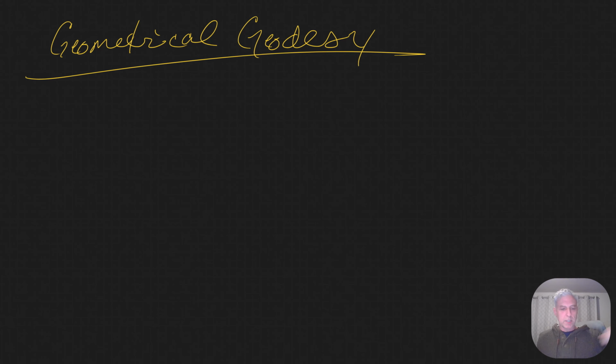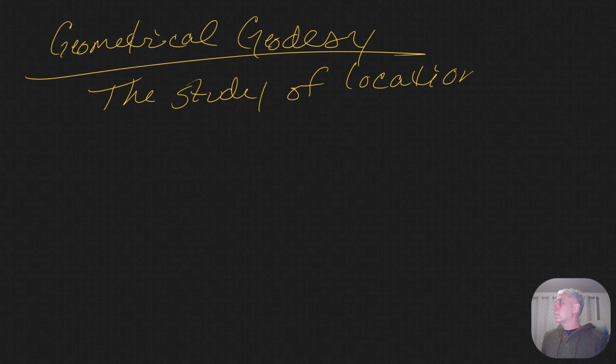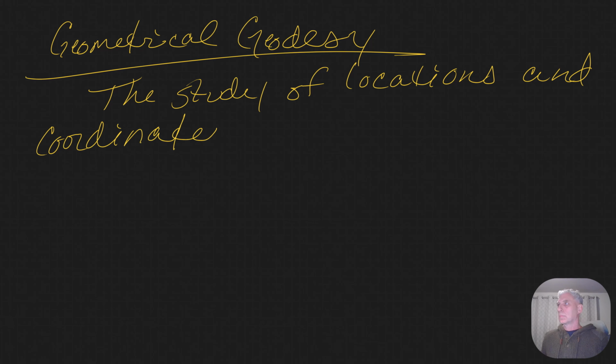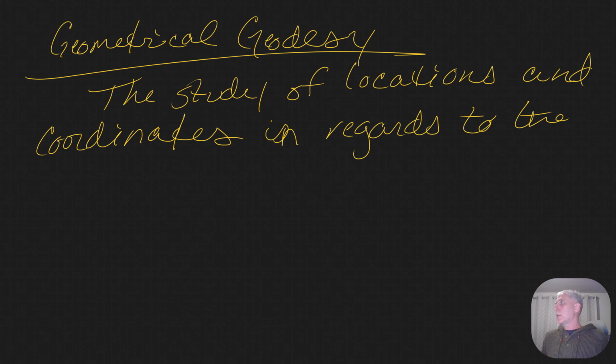Geometrical geodesy is the study of locations and coordinates in regards to the geometry of the shape of the Earth.